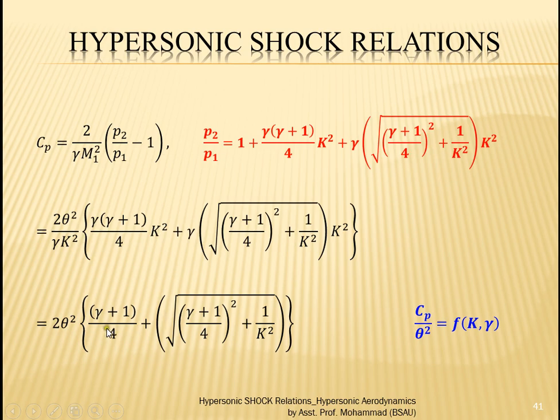What remains is gamma plus 1 by 4, because this gamma and this K square cancel each other. 2 theta square remains outside, and this goes inside. This turns out to be like this. So what we have got is that Cp by theta square is a function of only K and gamma. No matter how complicated it looks, since it involves only two variables, it becomes very easy to deal with and treat.